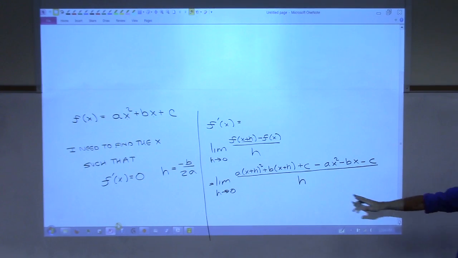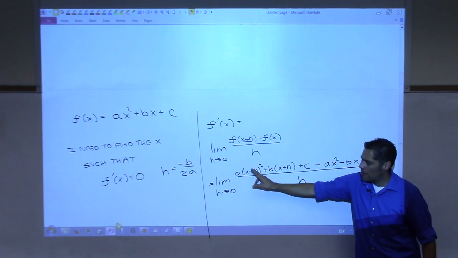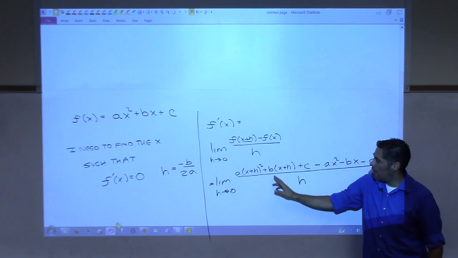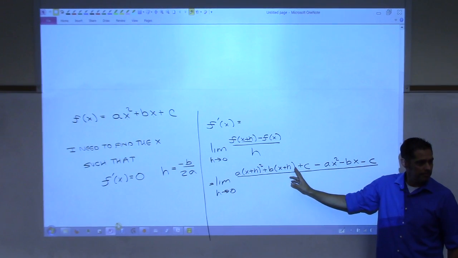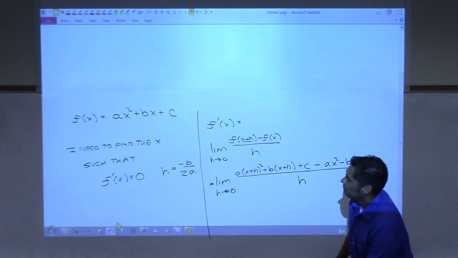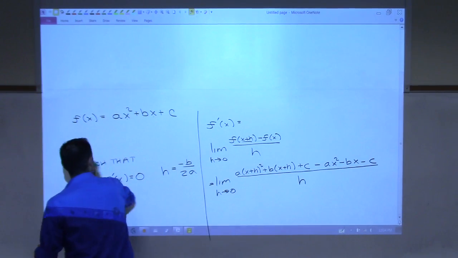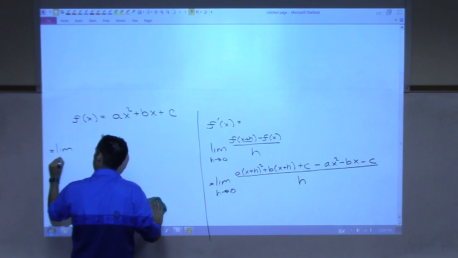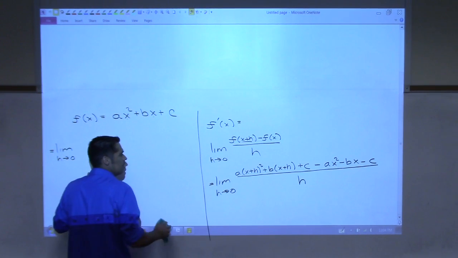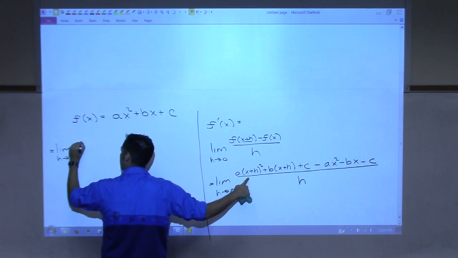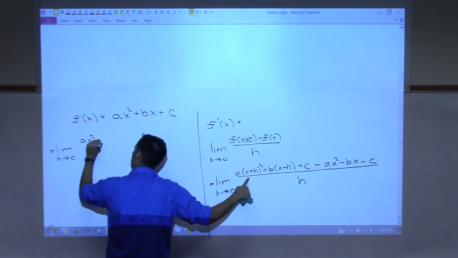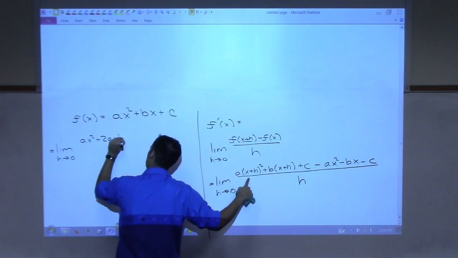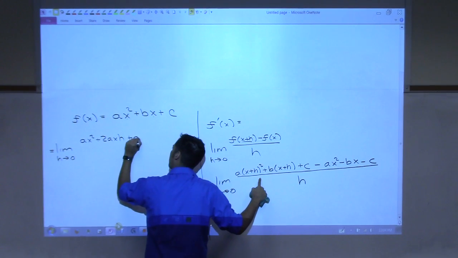I would now need to expand this and distribute an a, and then distribute a b, right? This is the limit as h goes to 0 of ax squared plus 2axh plus ah squared.